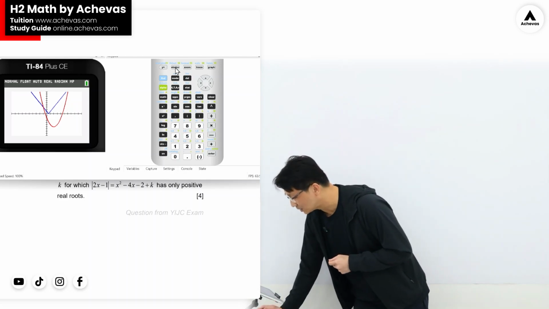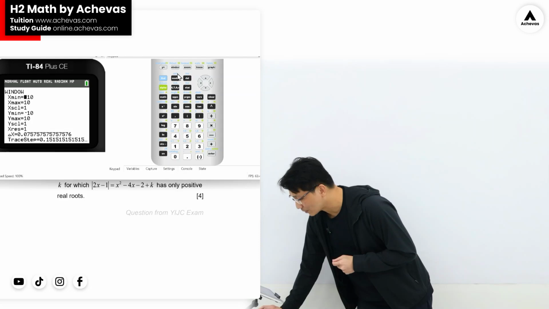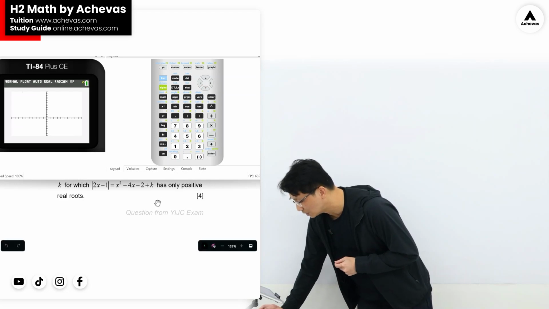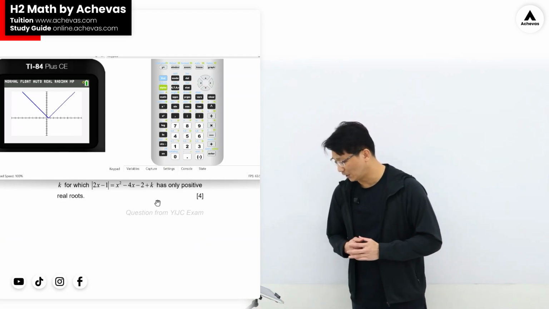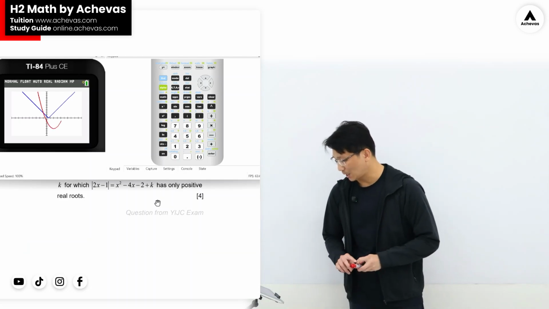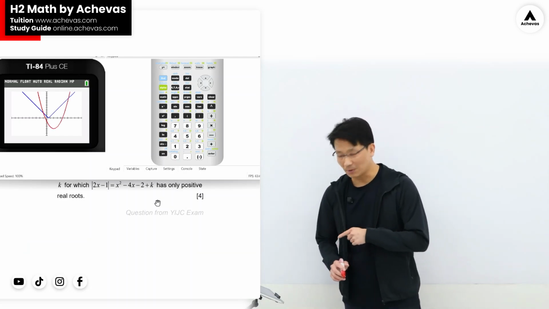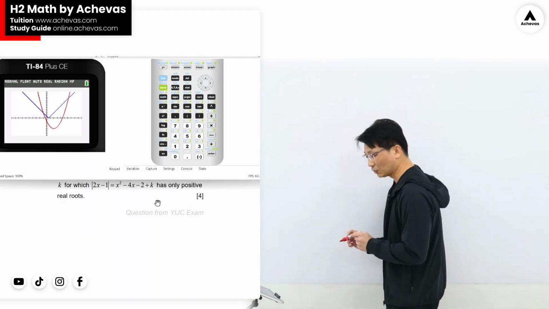Sometimes it's not able to display the entire graph. I'm going to change the y maximum to probably around 15. Hopefully, you should be able to display the entire graph already. Okay. Yes, it's able to show the other intersection point already.